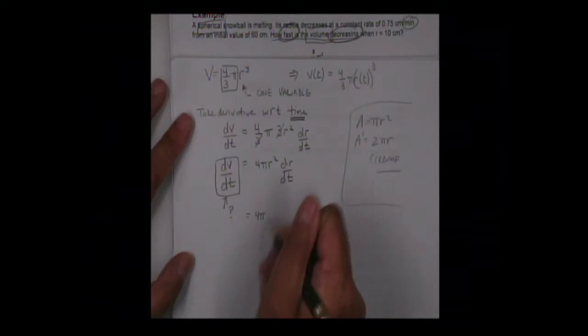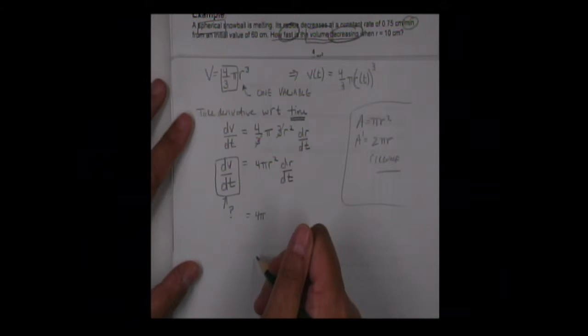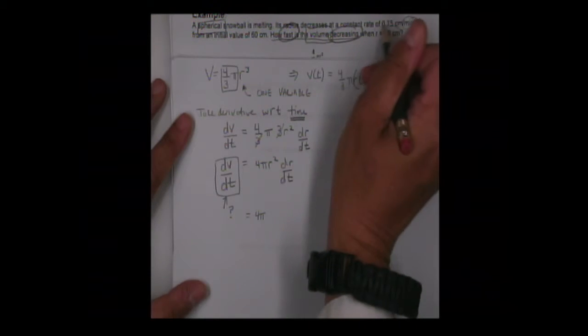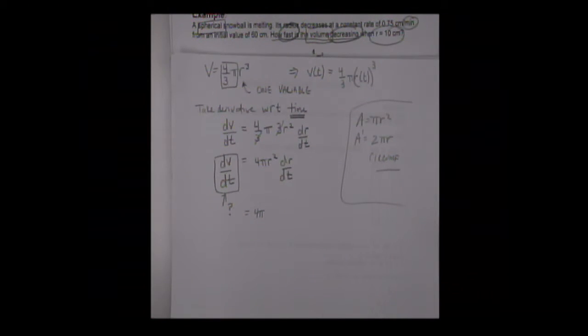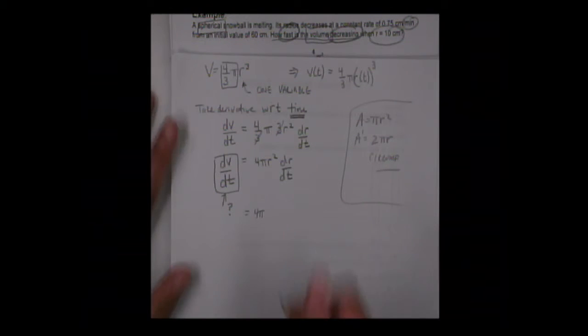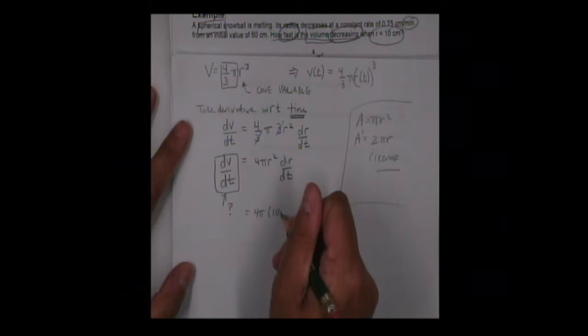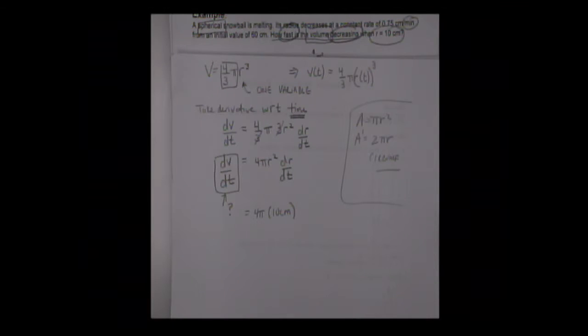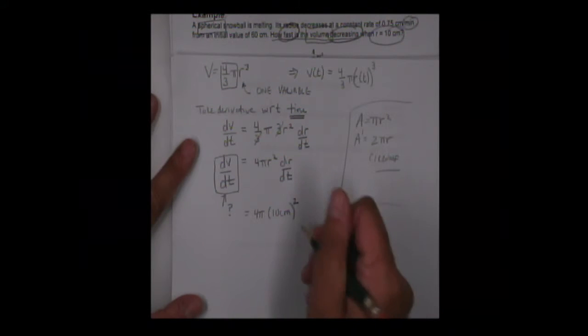So 4 pi are, those are already numbers. And notice that they want us to do this at exactly the instant when the radius is 10. So I put that in for my r. And then in for my dr dt, I put in the number they gave me.